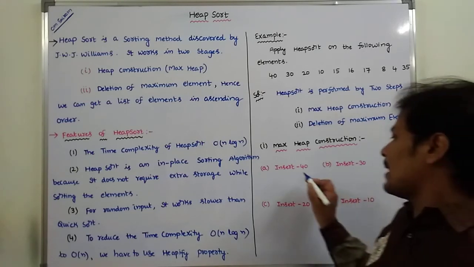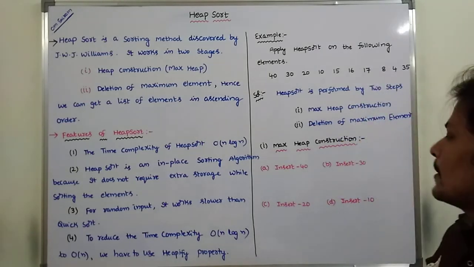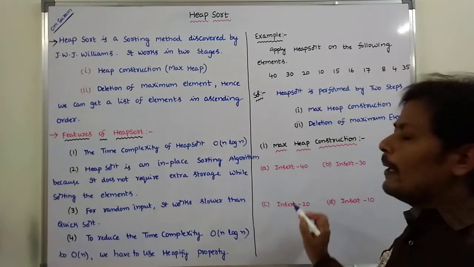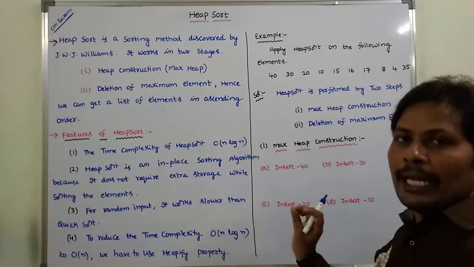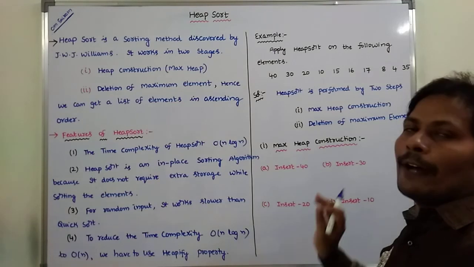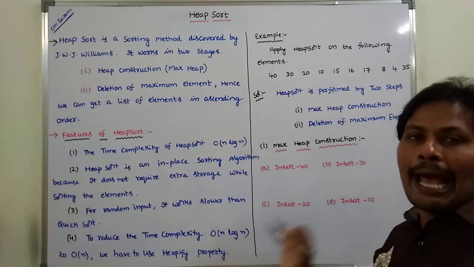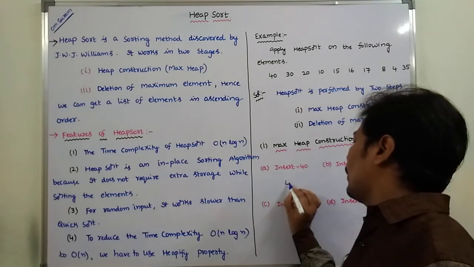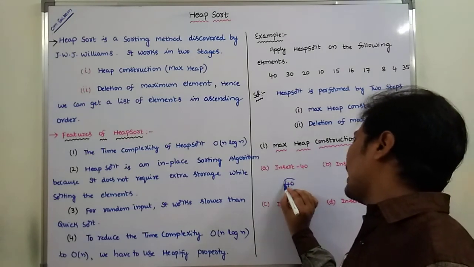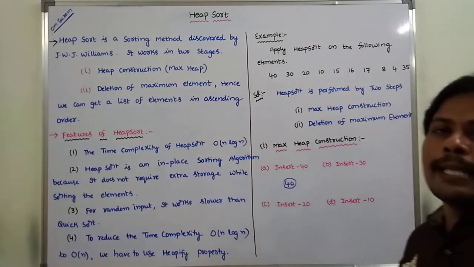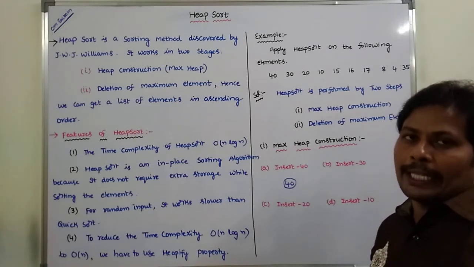So first insert 40. Before inserting 40, the maximum heap is empty. So now this is the first node in the maximum heap. This node can be treated as the root node. One node satisfies the maximum heap property.